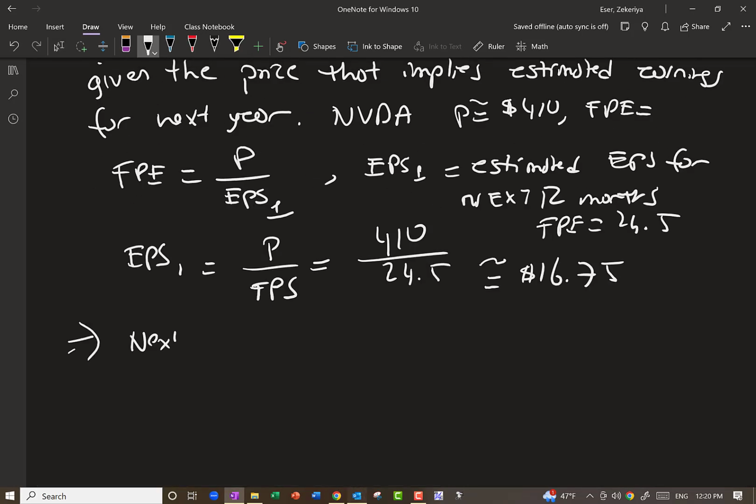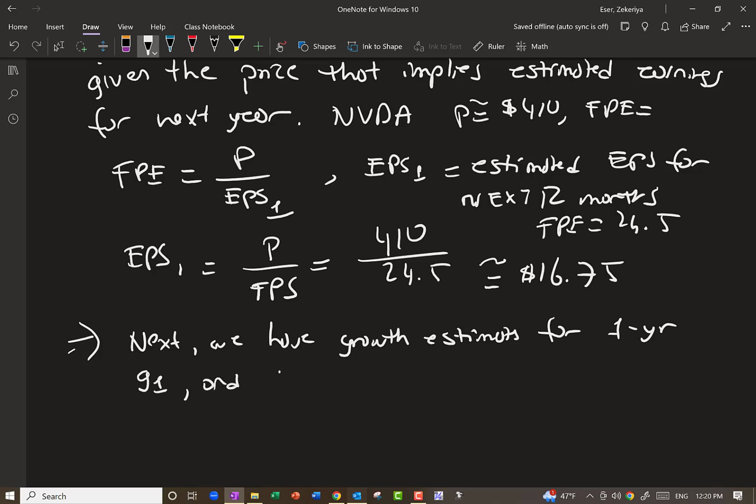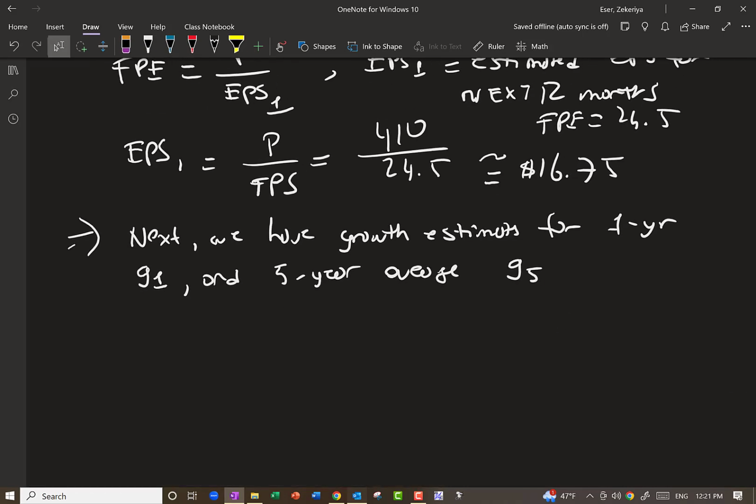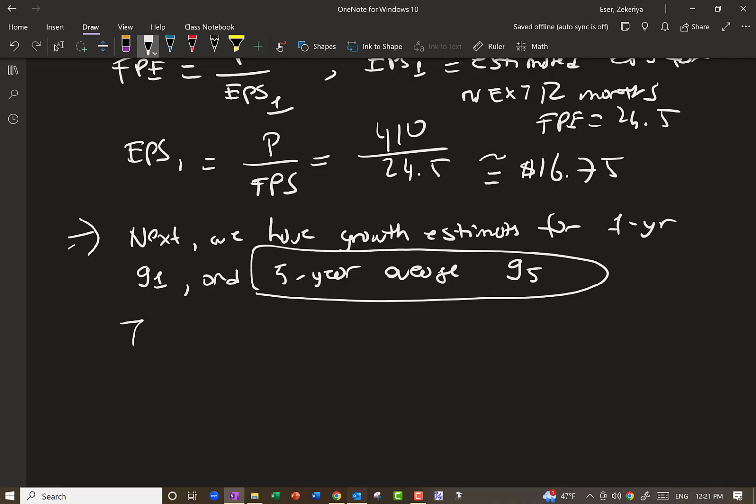Next, we have growth estimates for 1 year. Let's call that G1, and the 5-year average. Let's call that G5, right? This is the 5-year average.